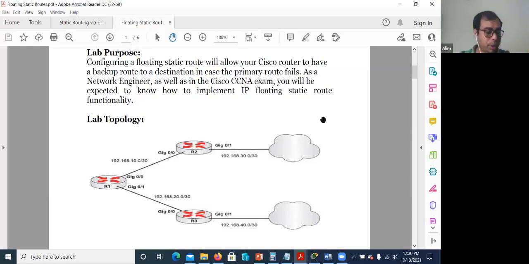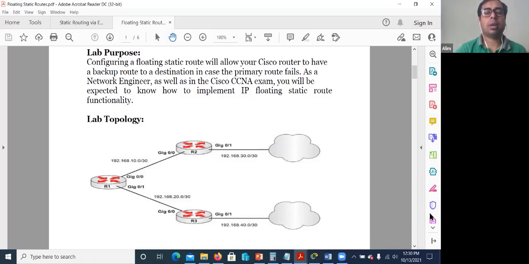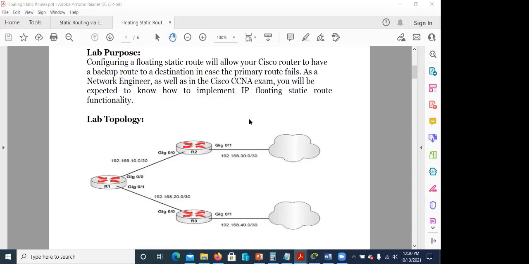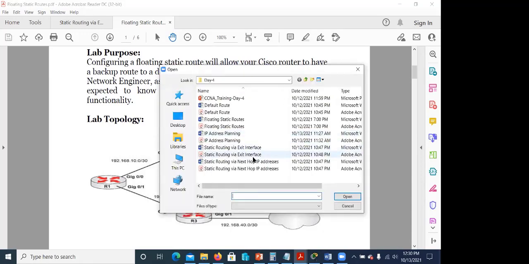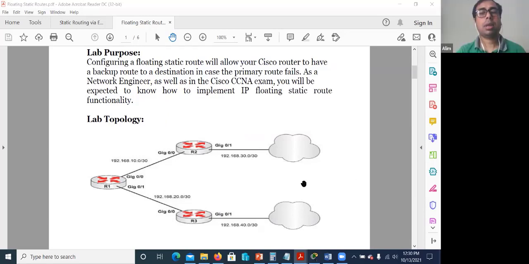Do you have any questions or any clarification? Can you share today's labs? Okay, lab 5, sharing. I am sending another one.